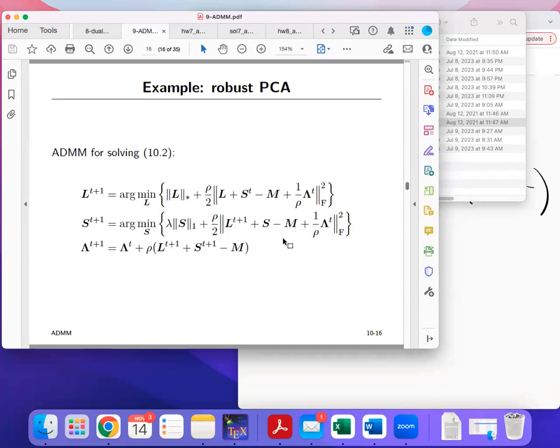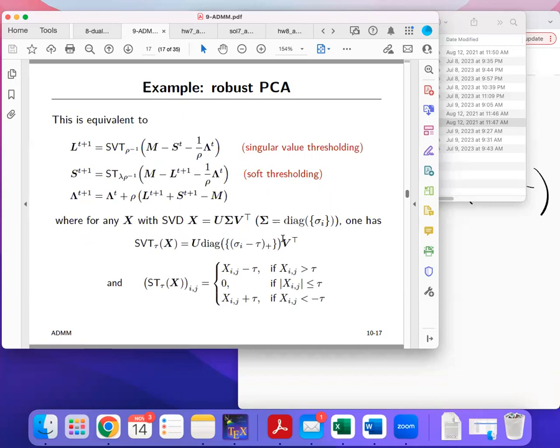To do video surveillance. And this is the exact implementation of the ADMM algorithm on this problem. Very elegant updates: singular value thresholding, soft thresholding. These two are to promote low rankness and sparsity in the structure of the solutions.